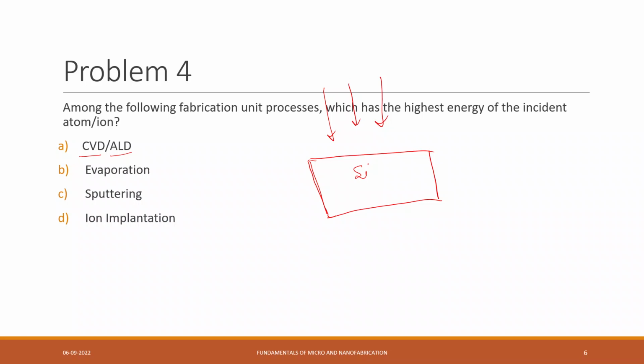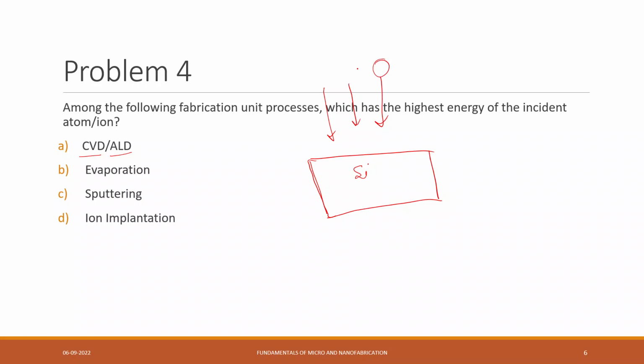In ion implantation, we bombard the silicon substrate with ions, such that we can have a doped region.